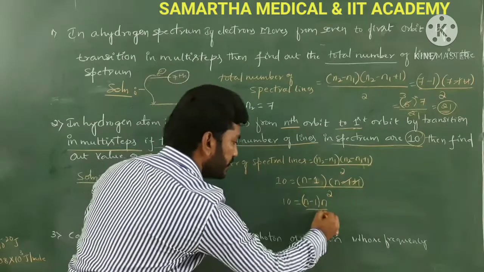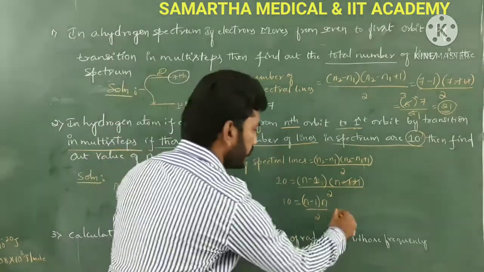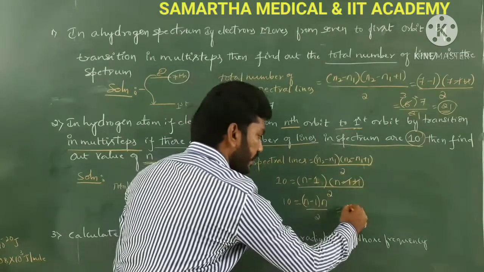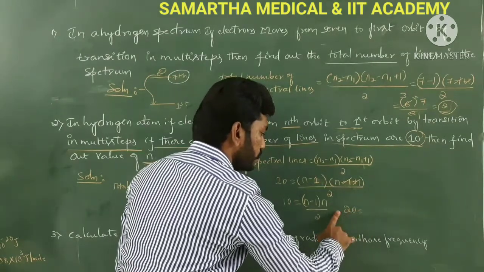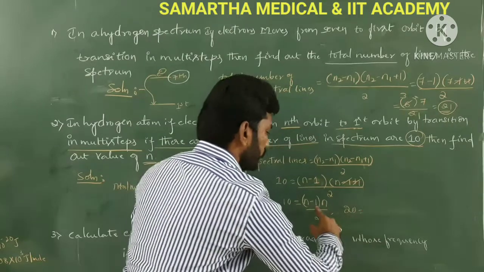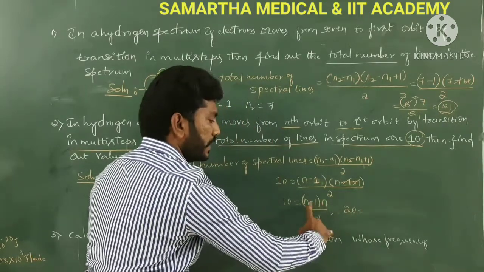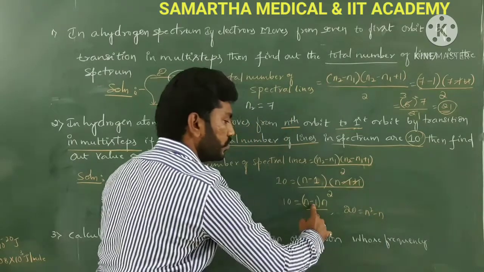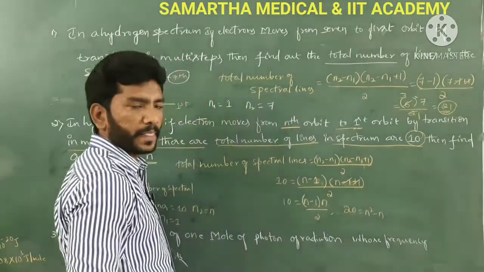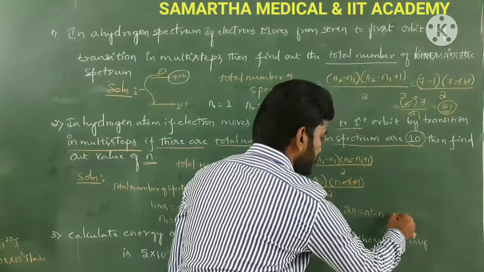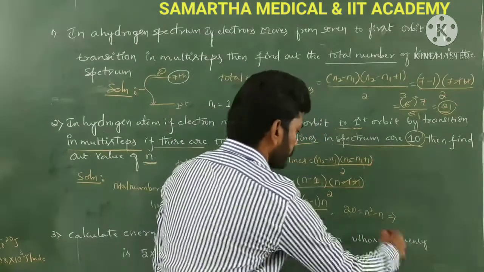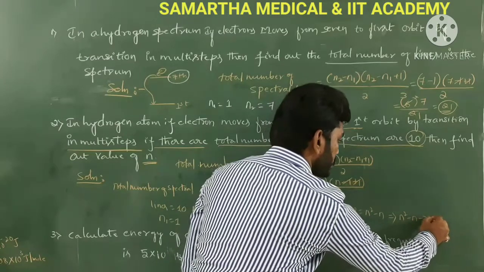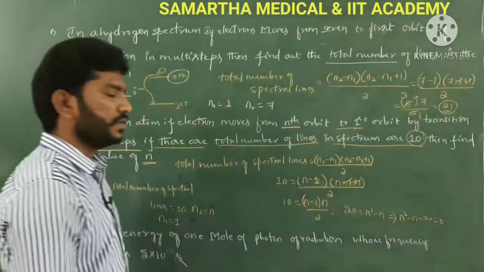Let's shift the 2 over, then we get 2 tens are 20 equals n into (n minus 1). Let's simplify this term: n square minus n. In equation form, n square minus n minus 20 equals 0.